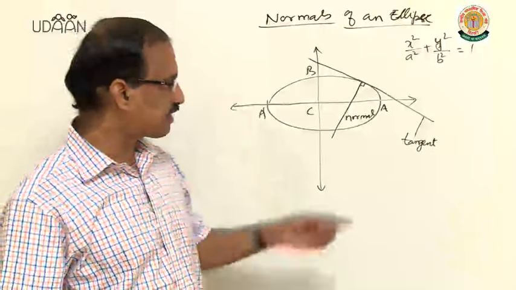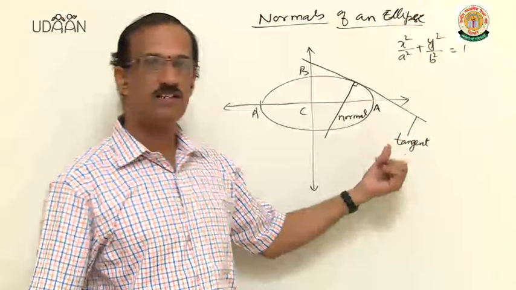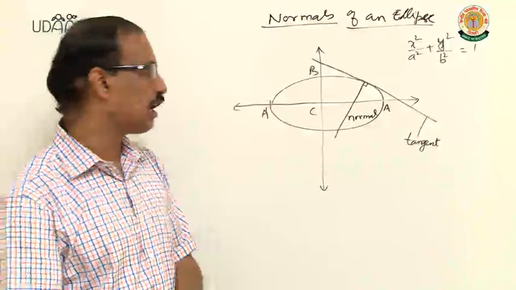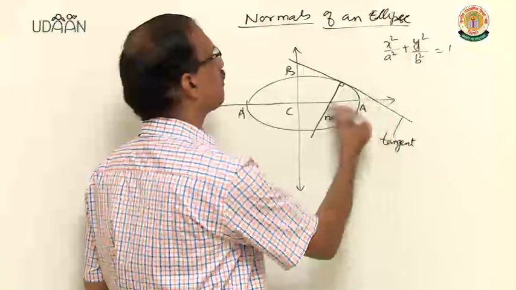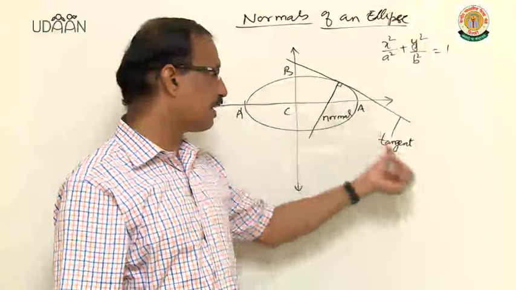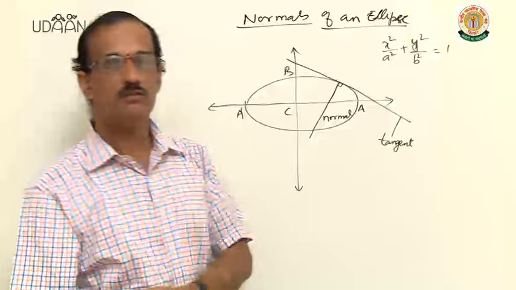Already we have discussed the equations of the tangent. The same way we will discuss the equation of a normal. We know the product of the slopes of the normal and the tangent must be equal to -1.